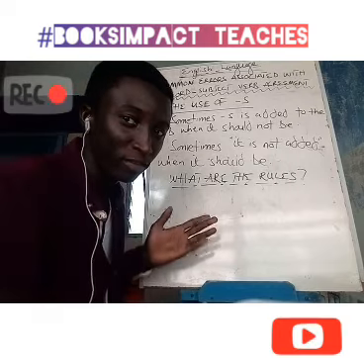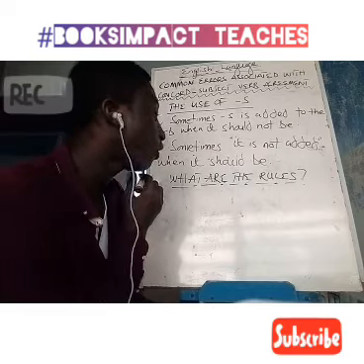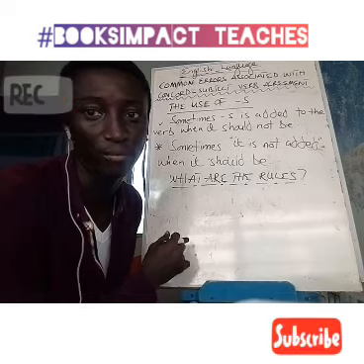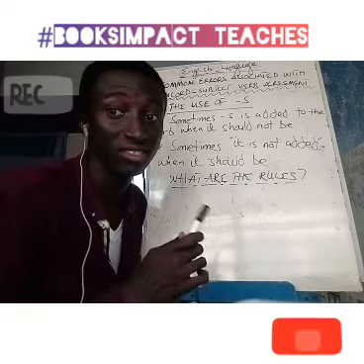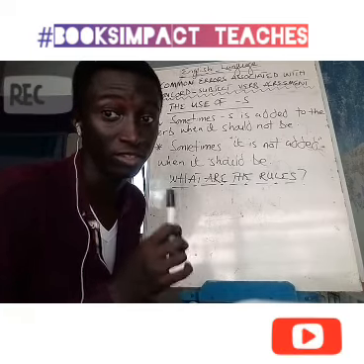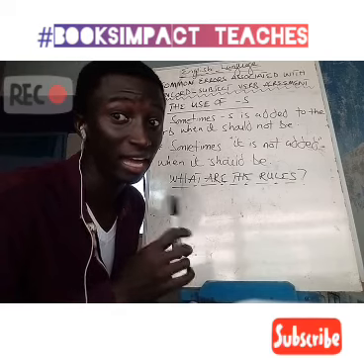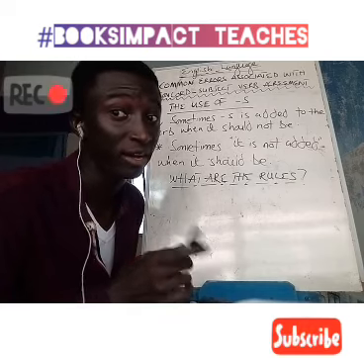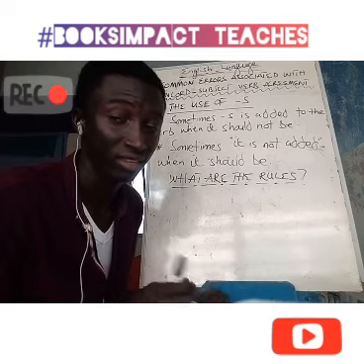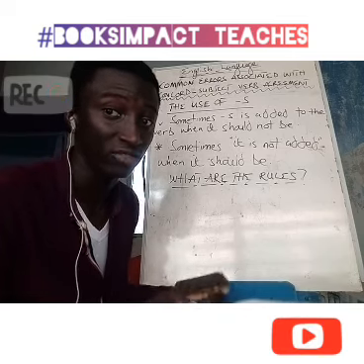Alright, so did you find this out? Now, we only add S to the verb when the sentence is in the simple present tense form. Take note of this. S is only added to the verb when the verb or the sentence particularly is in the simple present tense form.